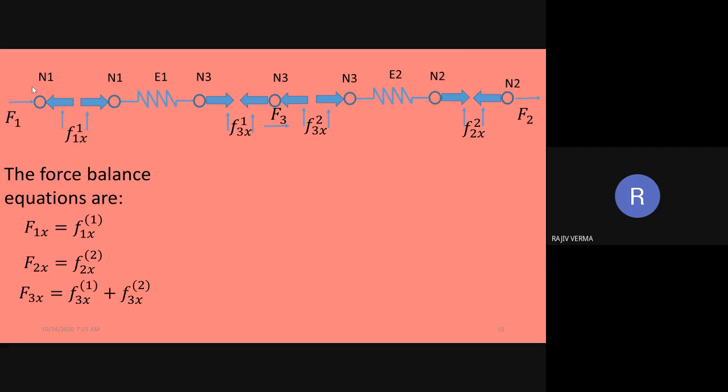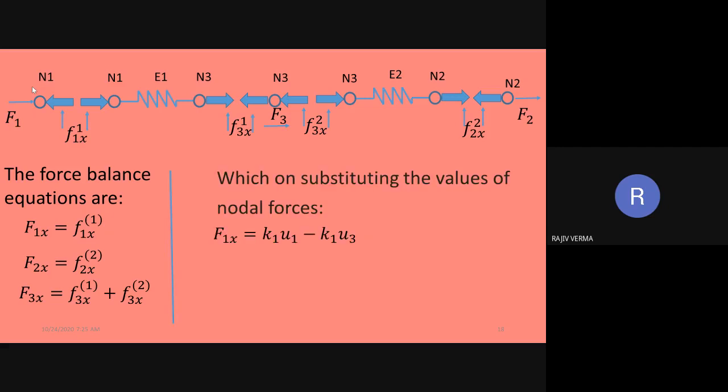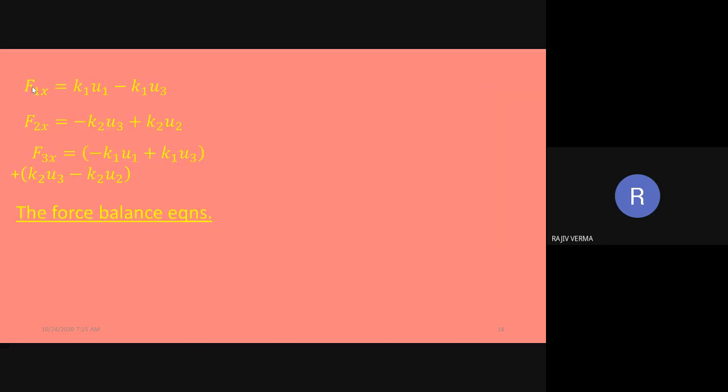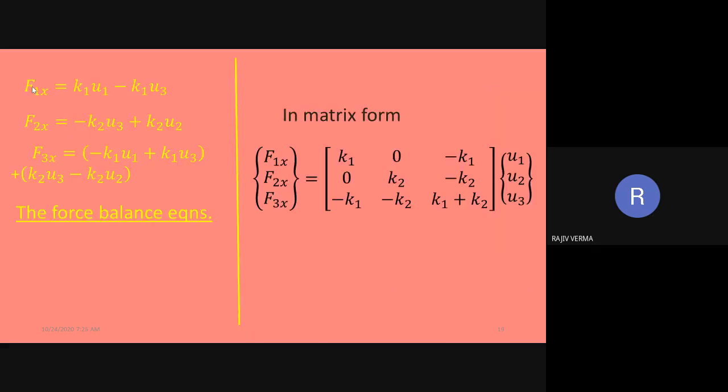We are going to substitute the value of forces from the elemental equations into these three equations to get these three equations, which when adjusted in matrix form gives us a 3 by 3 global stiffness matrix.